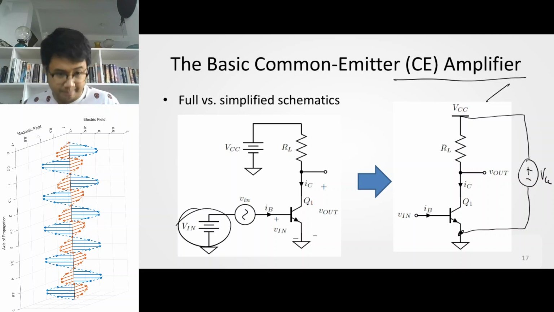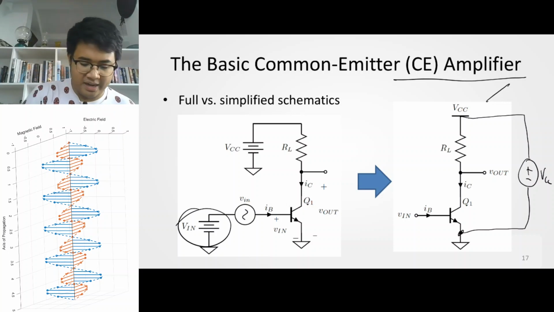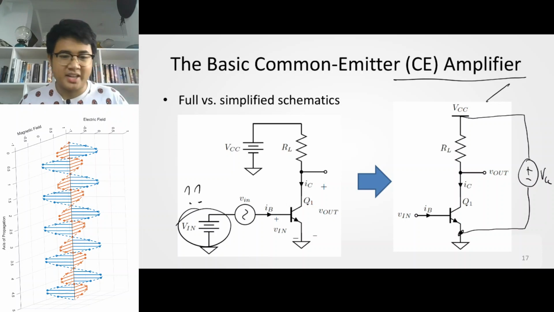There's a lot of them, basically, connected to each other. Not just a CE amplifier, there are others. There are other topologies that we connect with each other with different properties that we want. Okay, but all of them will have a battery connected to the base. That's not practical.